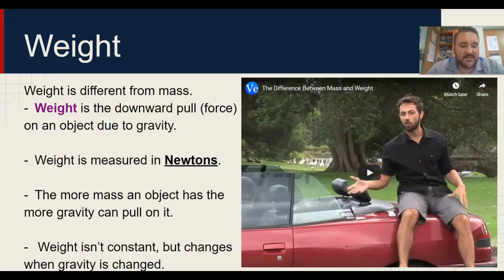Weight is not constant, but changes as gravity changes. If you had a weight of 100 newtons on Earth, you would weigh 1/6 of that, which is about 16 newtons, on the moon.